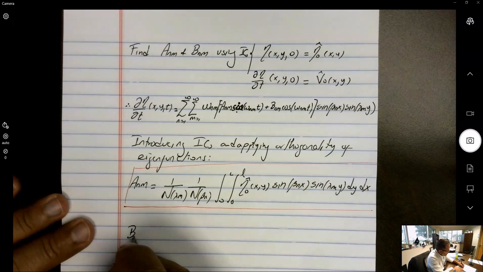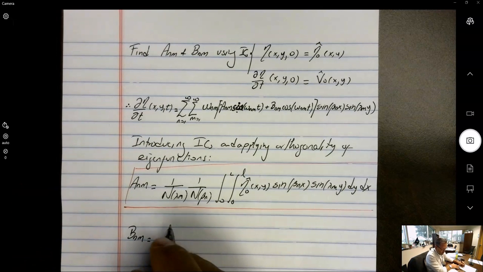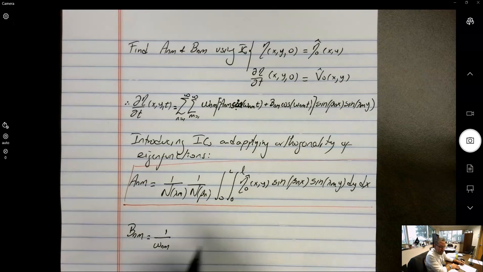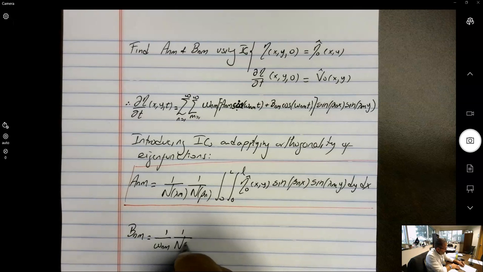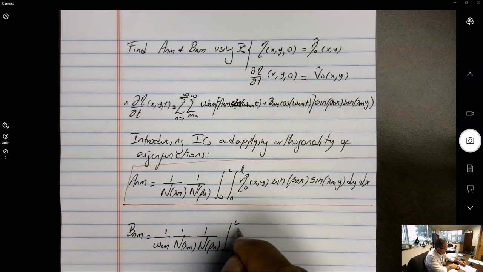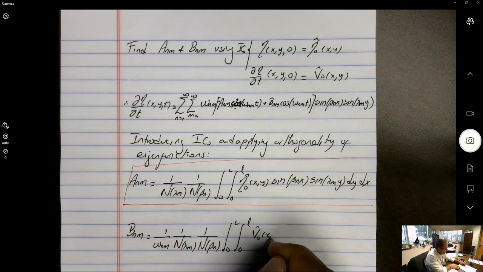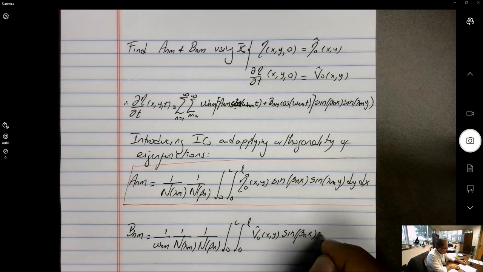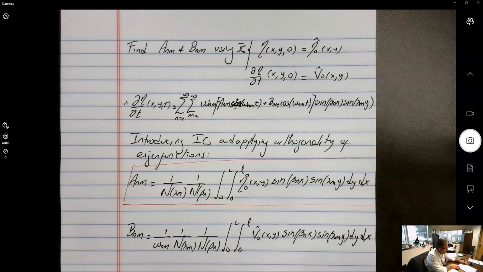While b_nm is also, in this case, 1 over omega_nm, the frequency, 1 over the norm of gamma_m, or lambda_m, 1 over the norm of beta_n, the integral from 0 to L, the integral from 0 to l, the initial velocity times the sine of beta_n x, the sine of lambda_m y, dy dx.